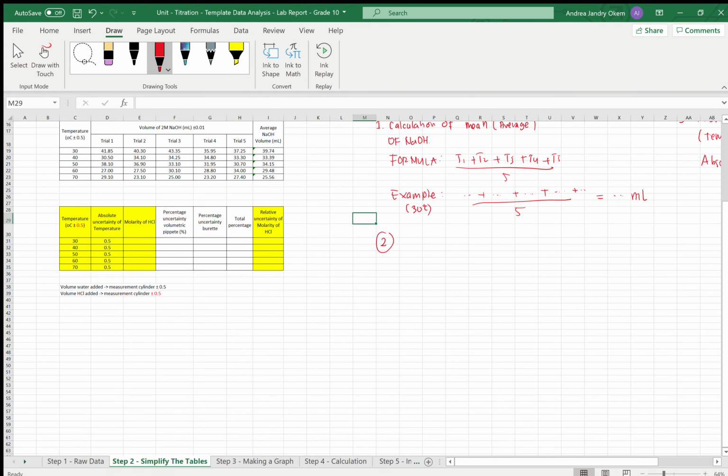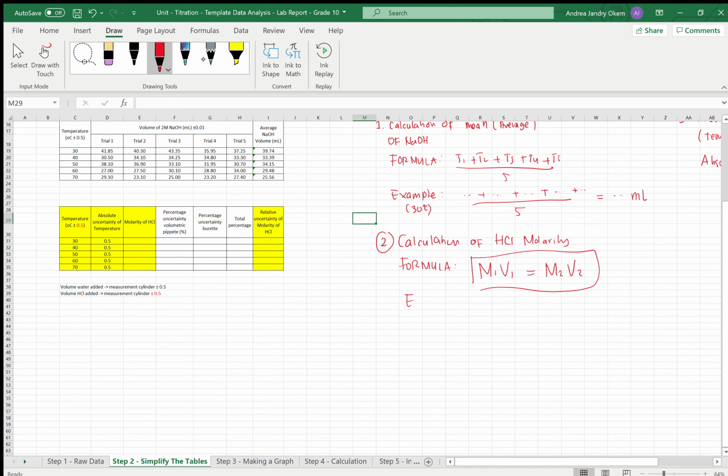Okay, the next one is if you want to find the molarity. Now if you want to find the molarity, that's the second calculation of hydrochloric acid molarity. Remember, the first one you have to find the formula, or you have to write down the formula. The formula that we are going to use is molarity 1 times V1 equals molarity 2 times V2.